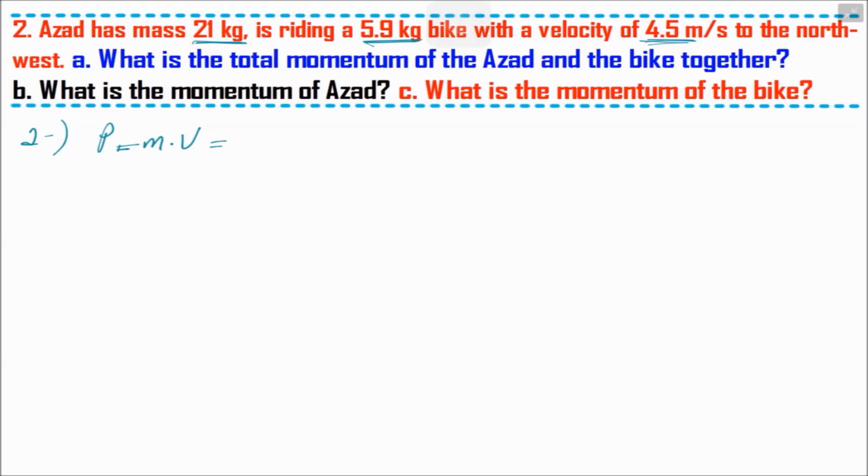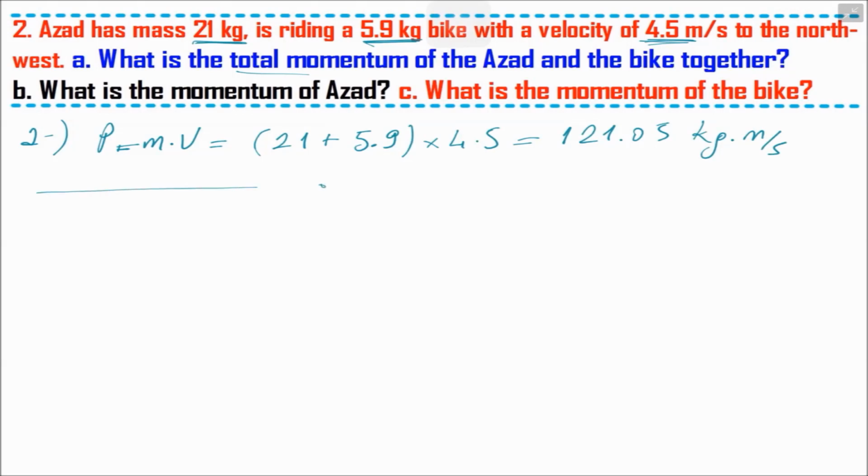Now it's asking total momentum, so we have to add their masses to each other. 21 plus 5.9 times 4.5 is equal to 121.05 kilogram times meter per second.